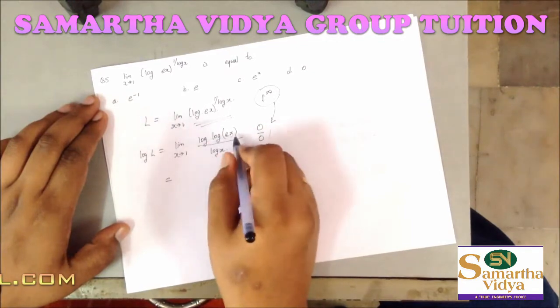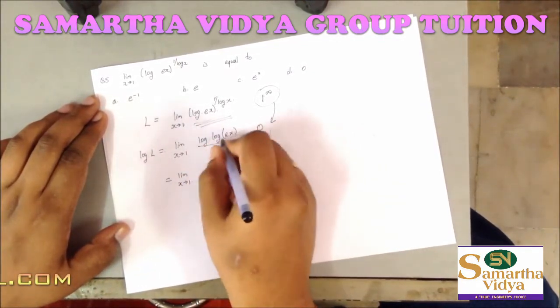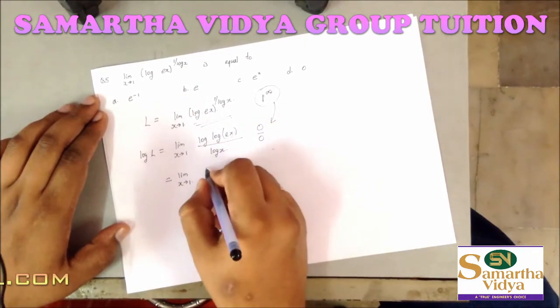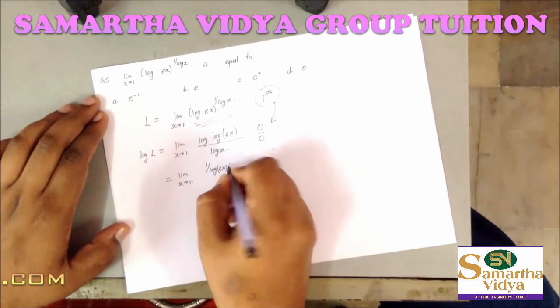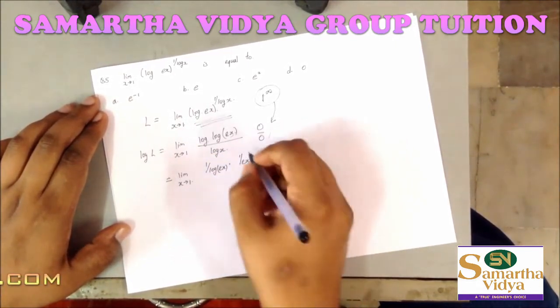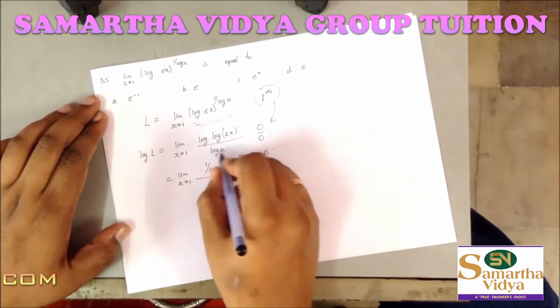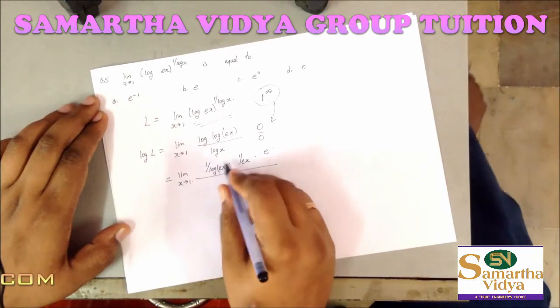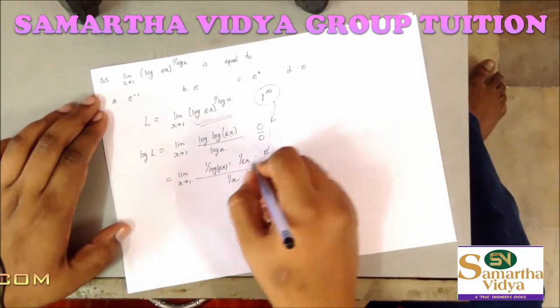So we have to do the differentiation. So this becomes limit x tends to 1, the derivative of this. So derivative of the first log is 1 by log e^x, into the derivative of the second log, which is 1 by e^x, into the derivative of e^x, which is e, divided by the denominator's derivative, that is log x, so that's 1 by x. So let us just cancel out the terms.